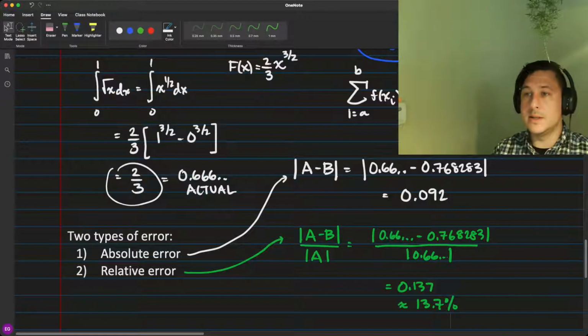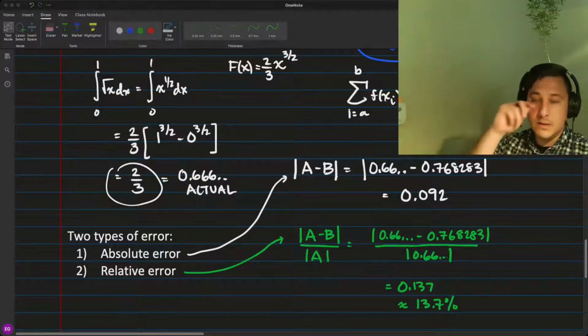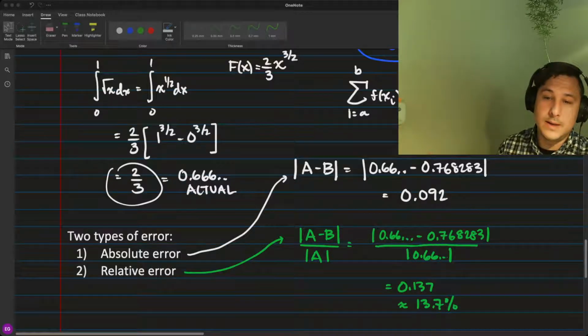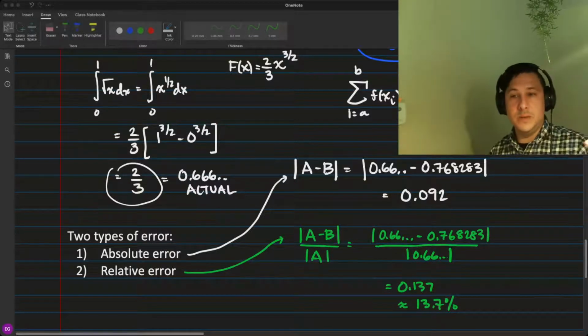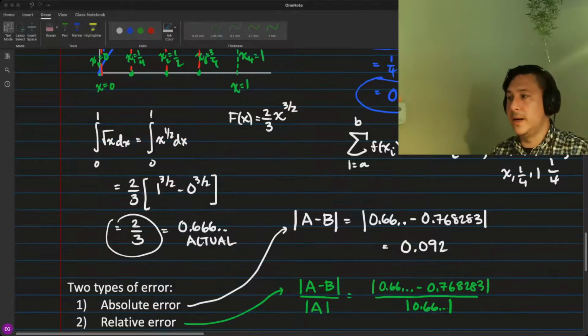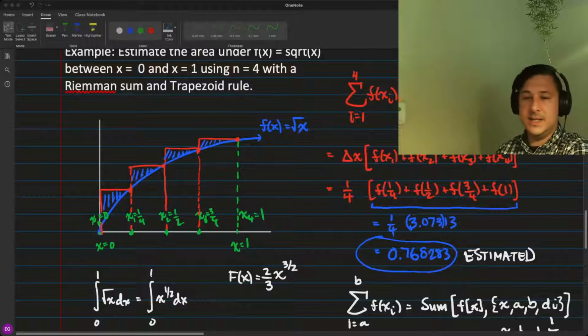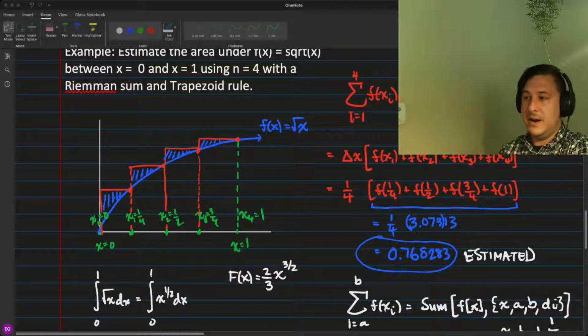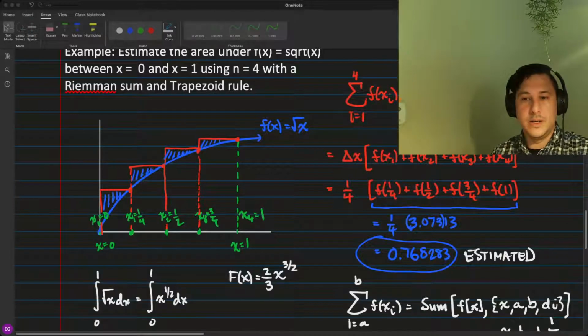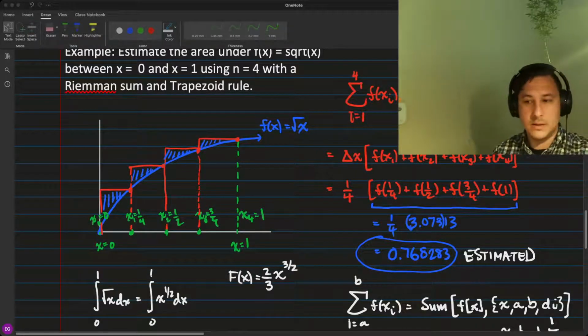So in other words, even though the difference between the two numbers was small, only 0.09, there was a 13% difference between the area estimate from the rectangles and the actual area, right? Basically all that area that the rectangles went over was 13.7% larger than it should have been.